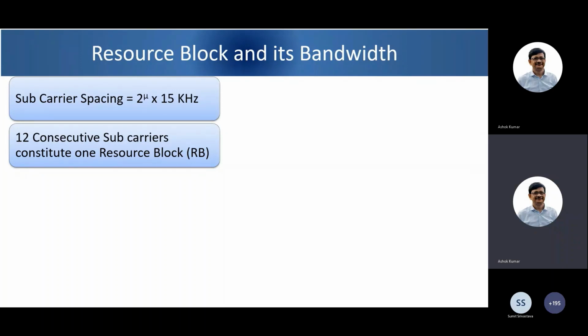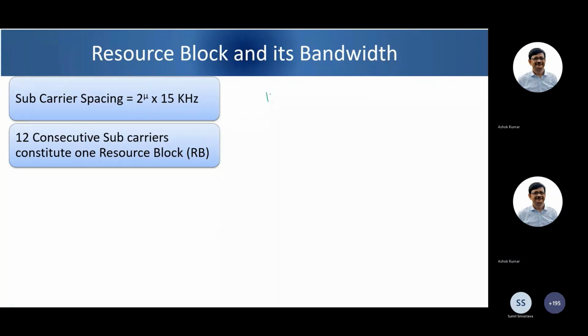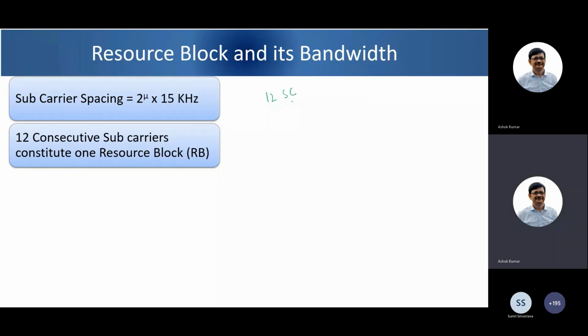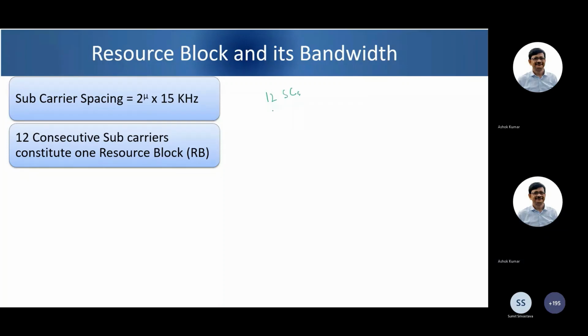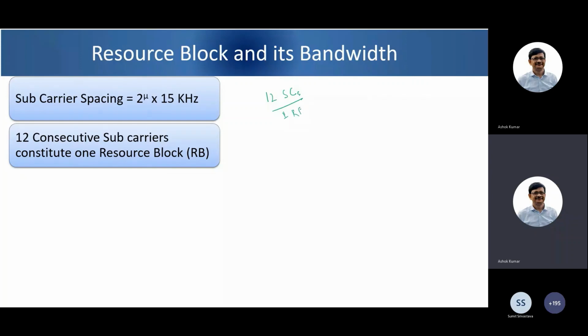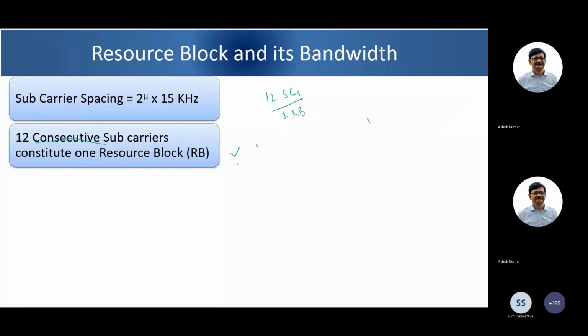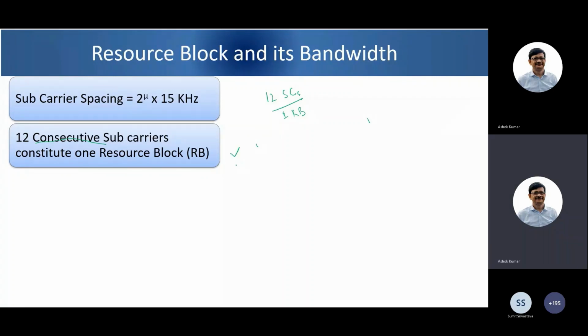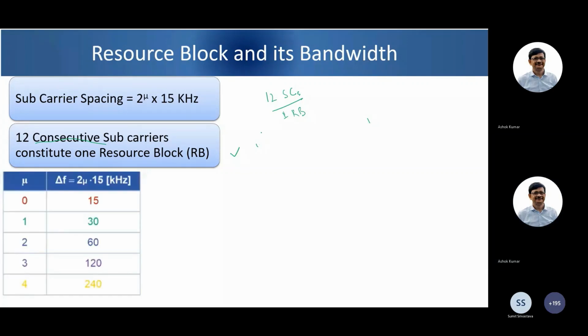What is an RB? 12 subcarriers is equal to one RB. And what is specific? They shall be consecutive. You cannot take one subcarrier from here and one subcarrier from another place. It has to be consecutive, right? So one RB is one resource block which consists of 12 consecutive subcarriers.